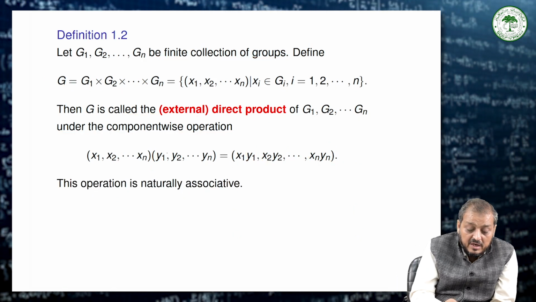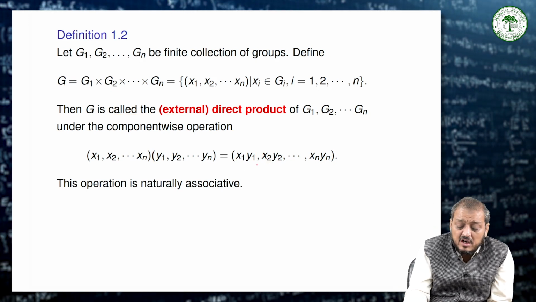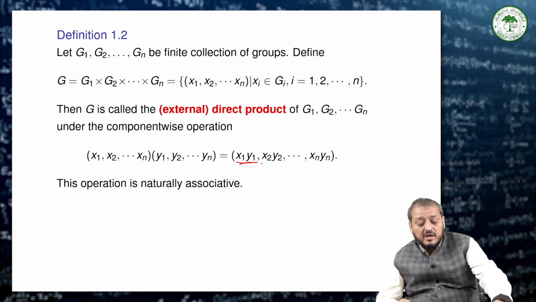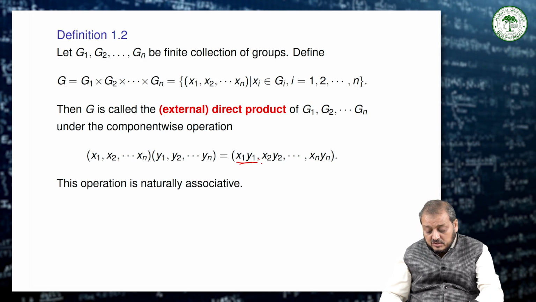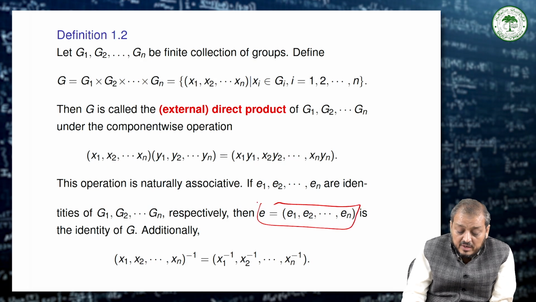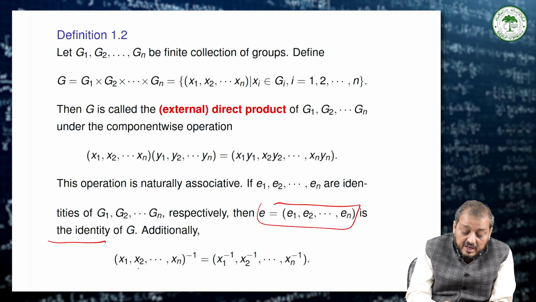So this operation is associative: we take a third element and use the property of each group, and it is also closed, and naturally this is associative. I also showed that the identity is E equal to E1, E2, up to En, the identity of this group.